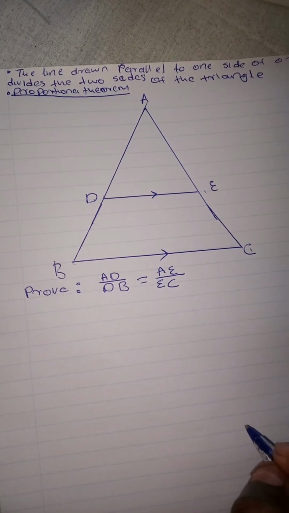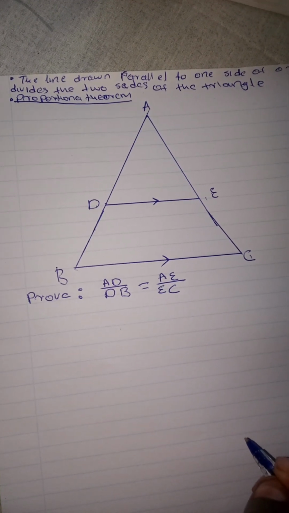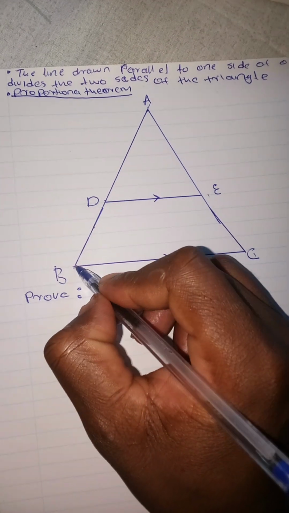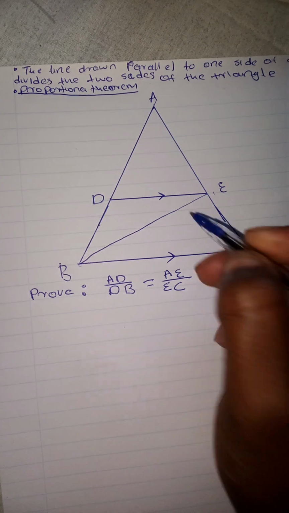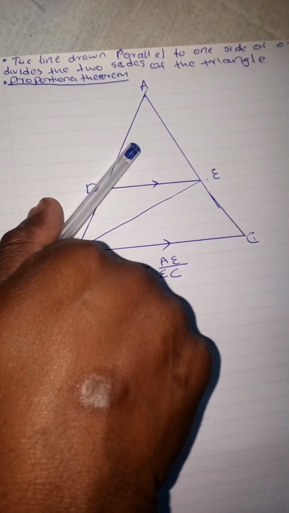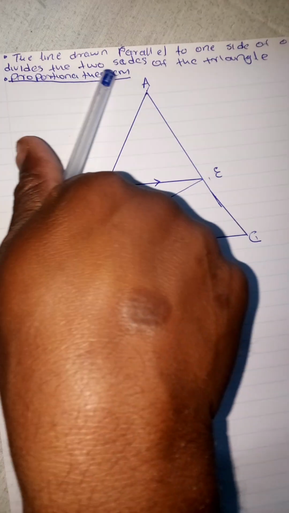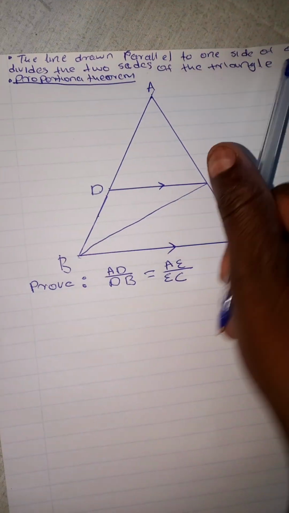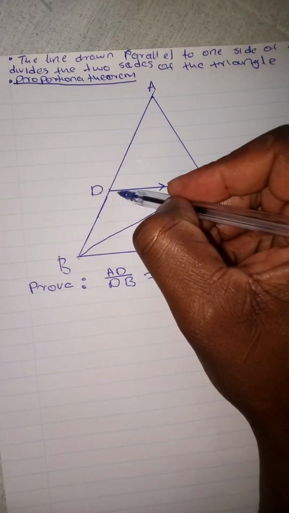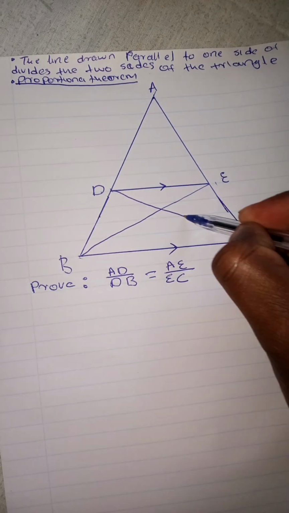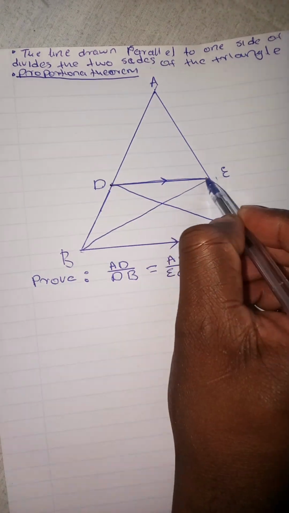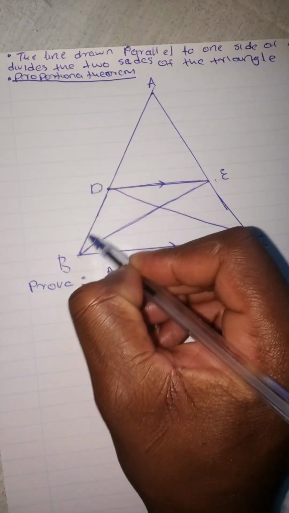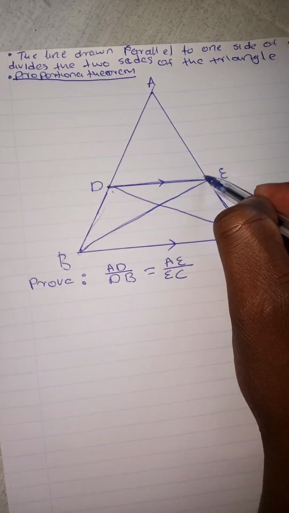But the first thing is the construction. How do you construct from here? You construct by X. This is the first triangle. It says it divides the two sides of a triangle. This is the first side, and it is the second side of a triangle. We have this triangle, and then we have this triangle.